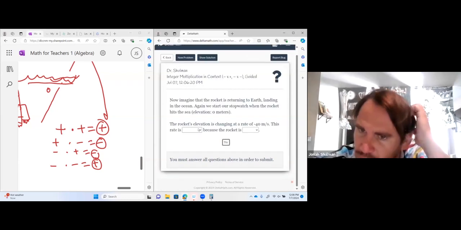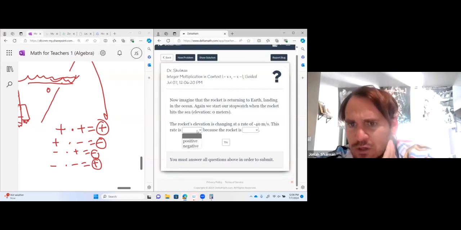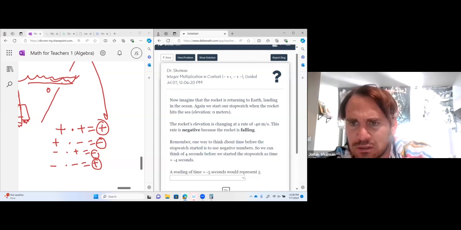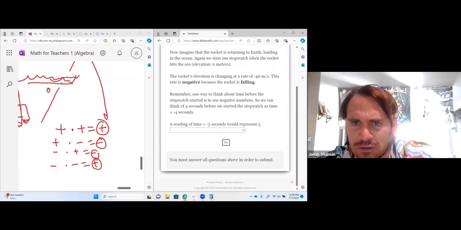All right, now imagine the rocket is returning to Earth. The rocket's elevation is changing -40. This rate is negative because the rocket is falling. All right. Remember one way to think about the stopwatch.